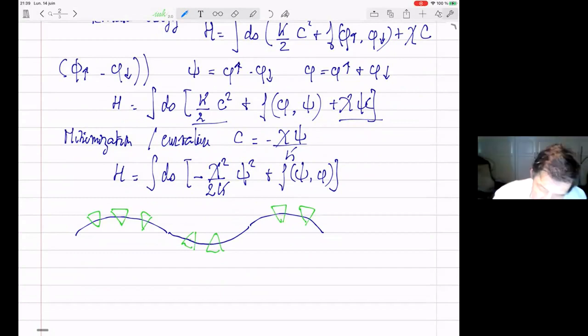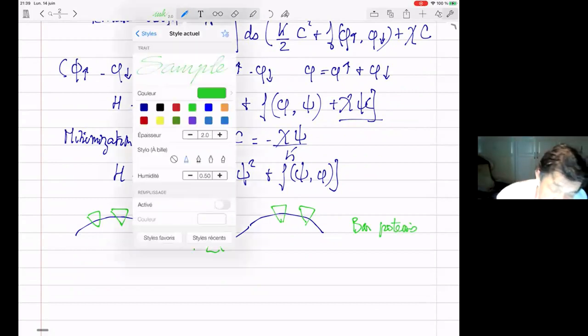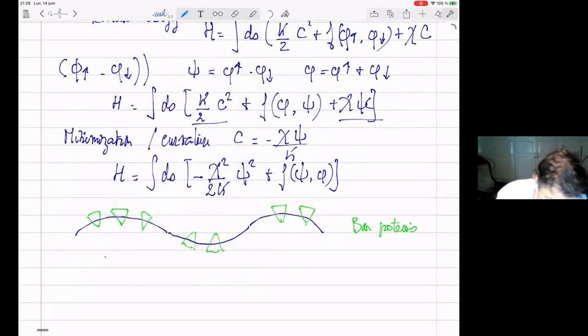There are proteins which are called bar proteins, which are proteins that sense curvature, and people like Patricia Bassereau in Curie are studying in detail how these bar proteins associate and make domains inside the membrane.